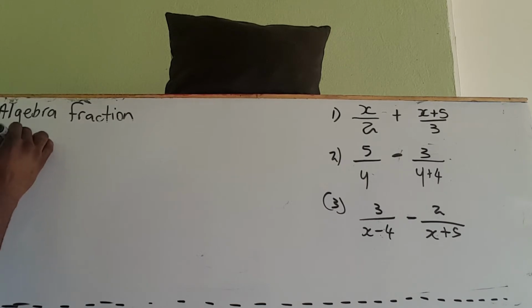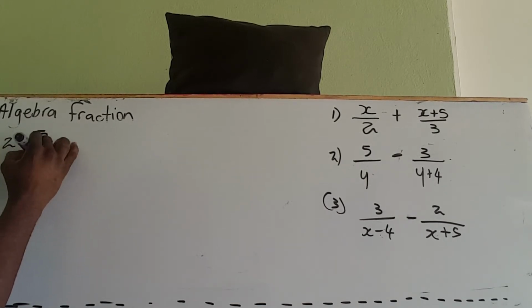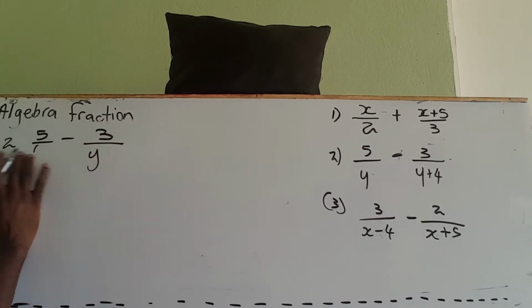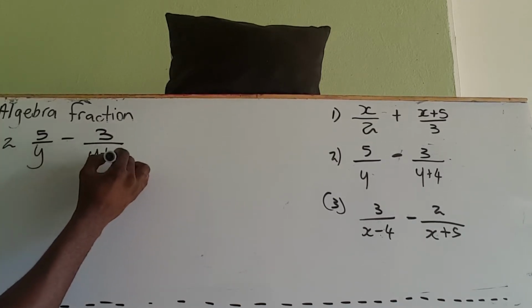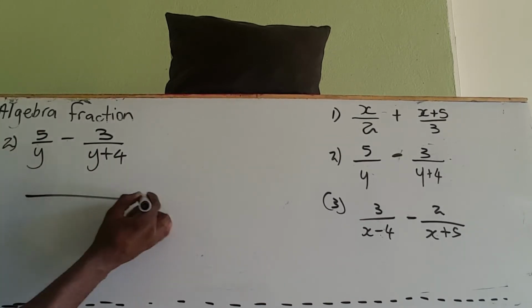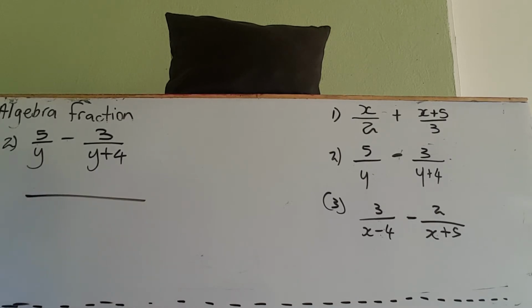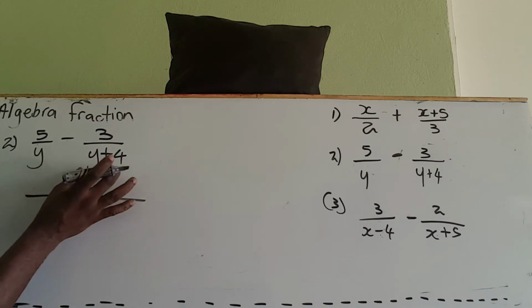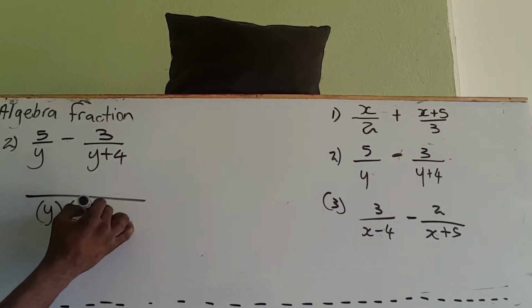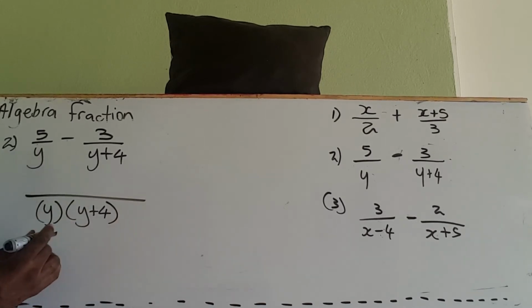The second example says 5 over y minus 3 over y plus 4. Again, we're subtracting. The denominators are not the same. We need an LCM. The beauty about using algebra fractions with binomials as a denominator is we can always write back these binomials as the LCM.